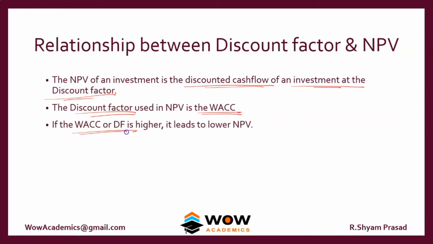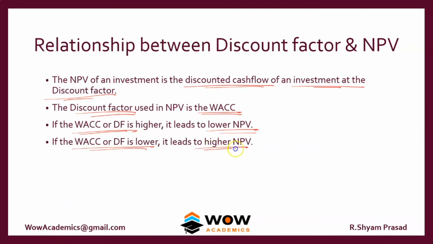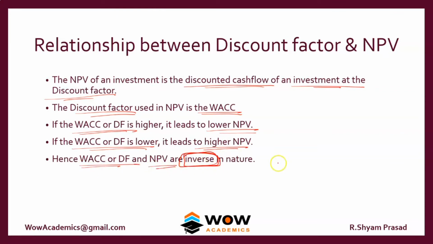If the WACC or the discount factor is higher, that leads to lower NPV. If the WACC or discount factor is lower, that leads to a higher NPV. Hence, WACC or discount factor and NPV are inverse in nature. So understand this very carefully, because you will be tested again and again on this concept.